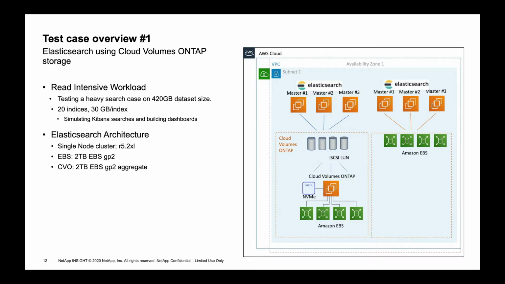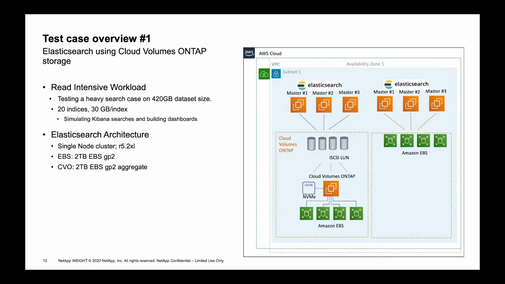Rally is the Elastic certified benchmarking tool that they are using internally in their R&D center when they are providing new versions. The heavy search case was on a 420 gigs of dataset and an index size of 30 gigs.